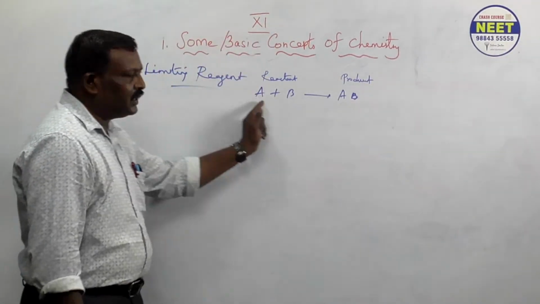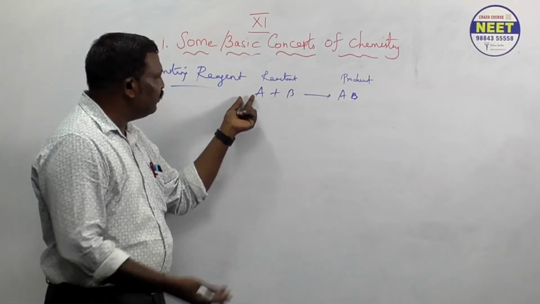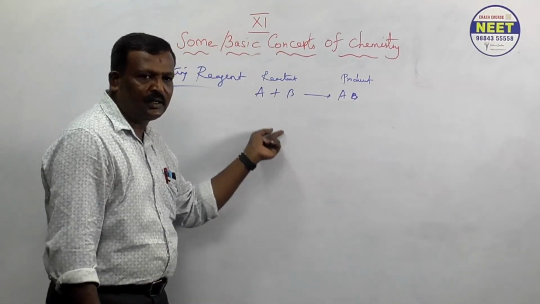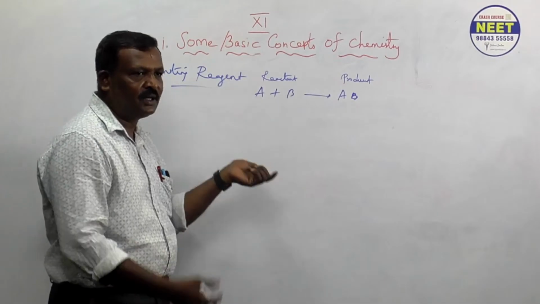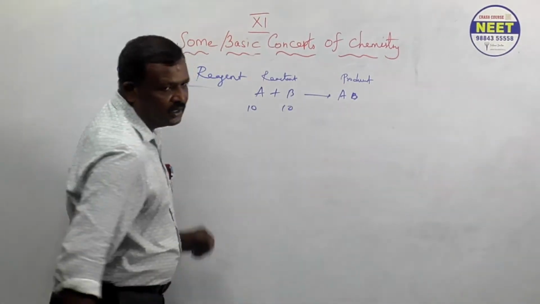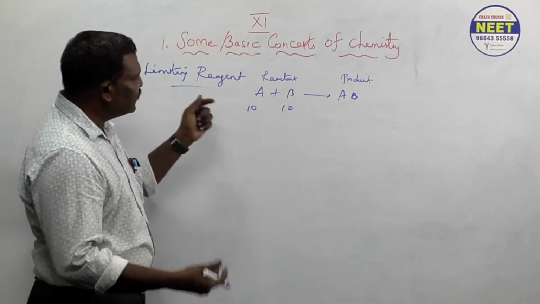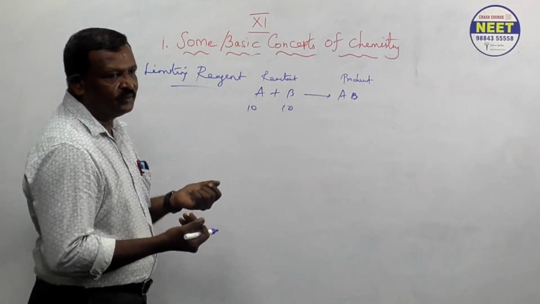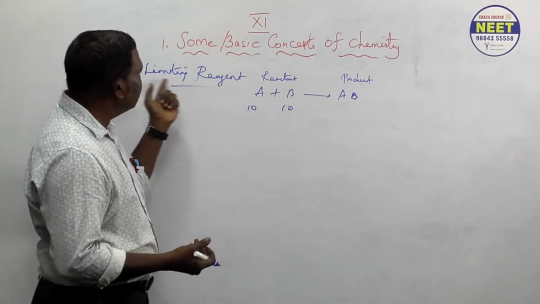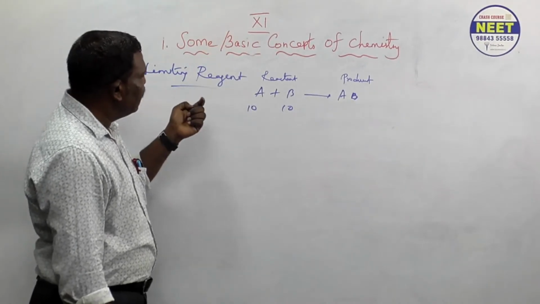Suppose among the two reactants, anyone will be completely reacted. We don't know which one. Suppose we take 10 gram of each. Whichever is completely reacted, we call that the limiting reagent.